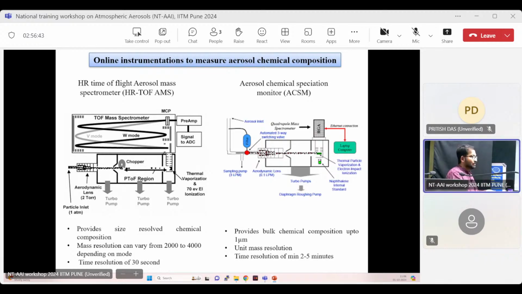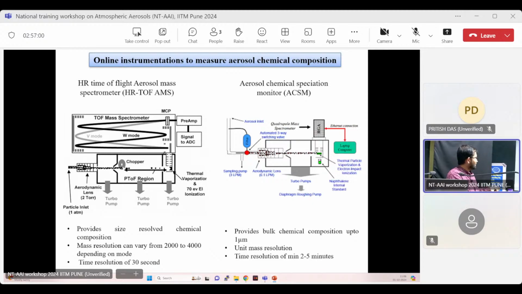It will always be on the order of microseconds, and this is true only for sizes up to 1 micrometer. This part gives you the size information.